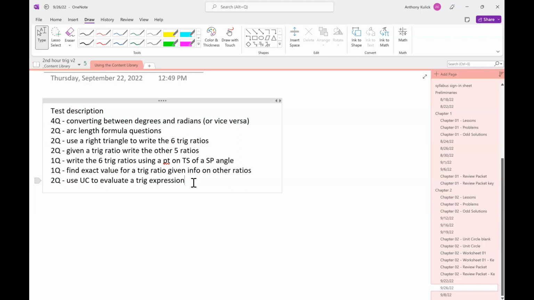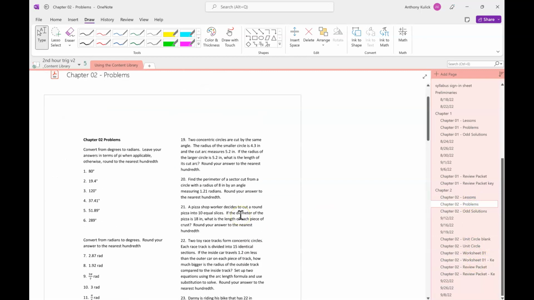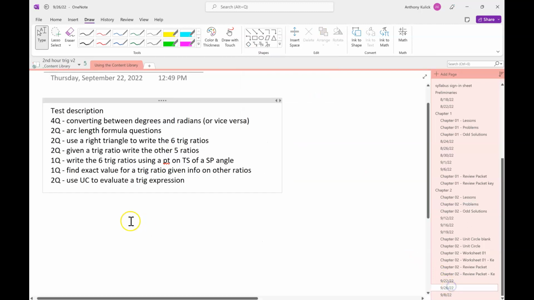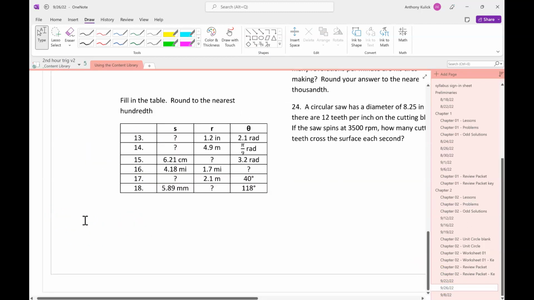Can you do an example on how you use the arc length? So like number 13.